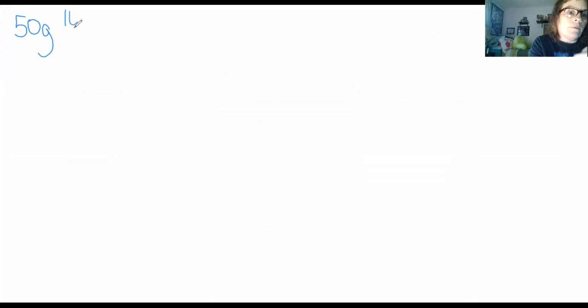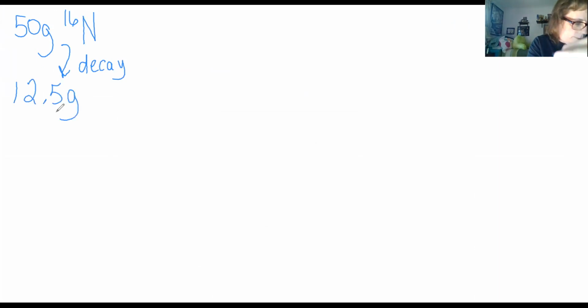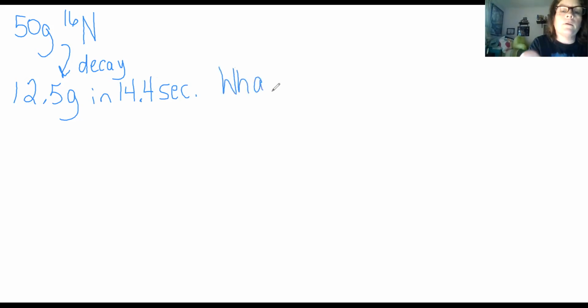Of nitrogen-16 isotope. Okay, and this is going to decay into 12.5 grams in 14.4 seconds. All right. And they want to know, what is the half-life?